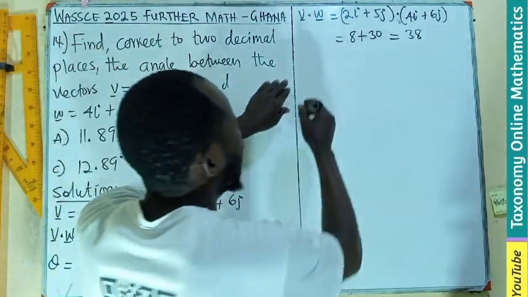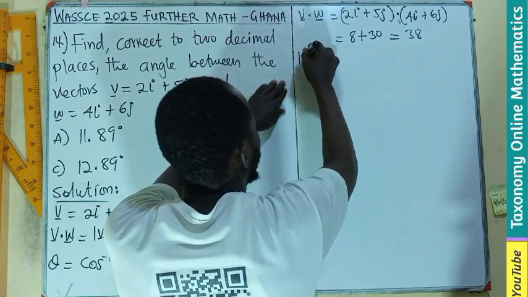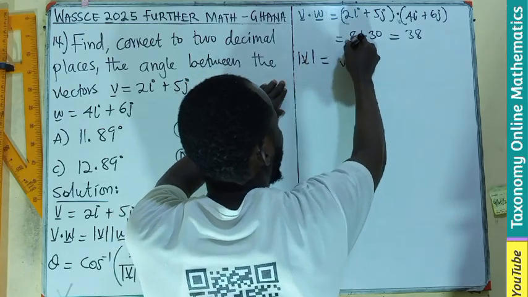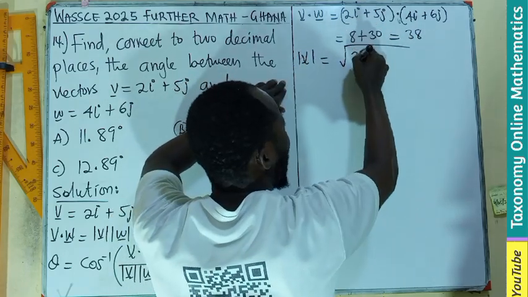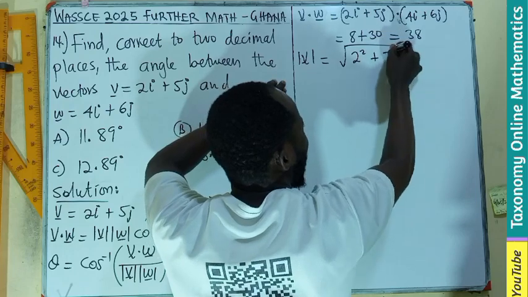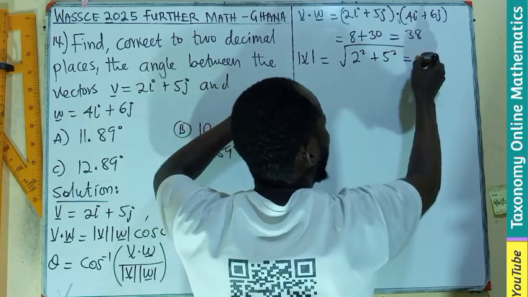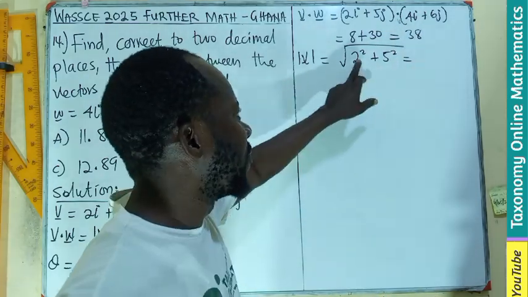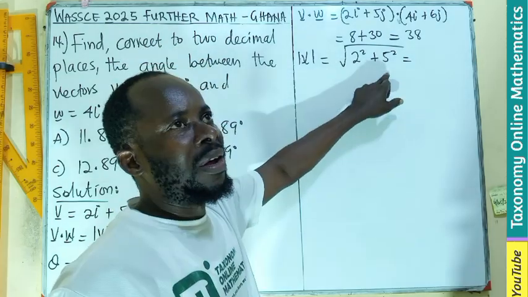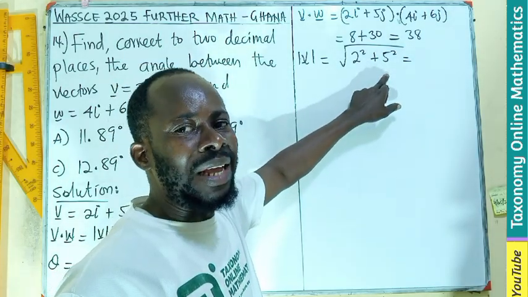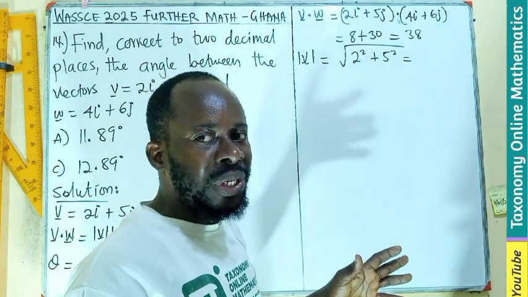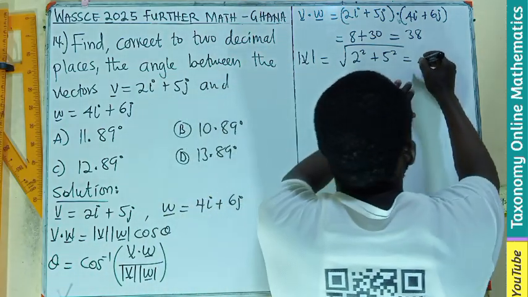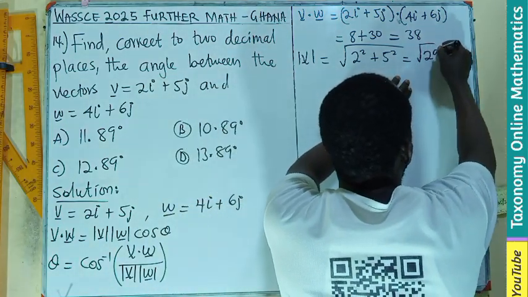Now let me pick the magnitude of v, which is the root of 2 squared plus 5 squared. Because of time, I'm going to have 4 plus 25. That's root 29. It doesn't have any simplification apart from decimal. So I have root 29 units.